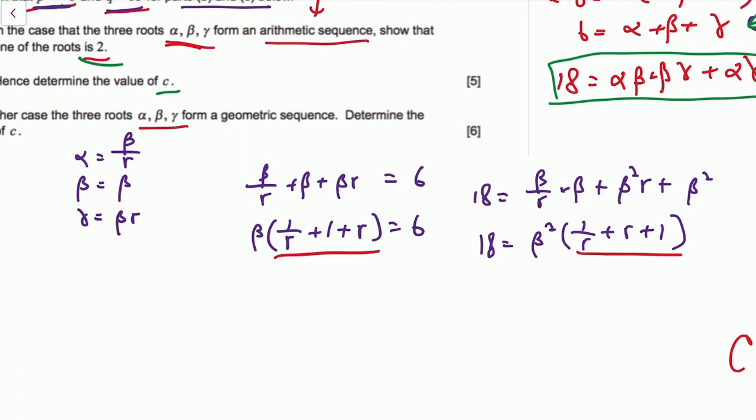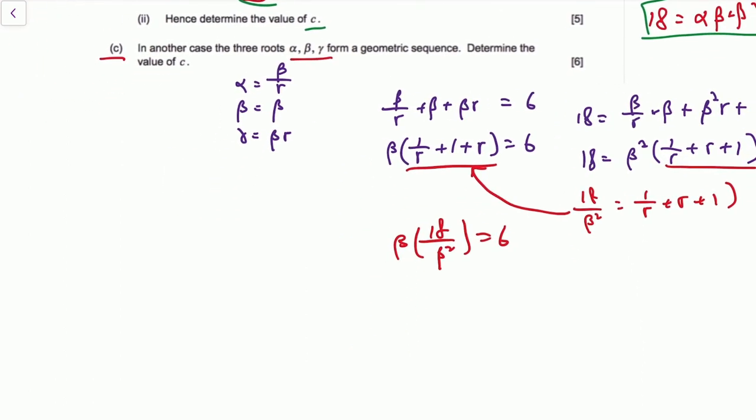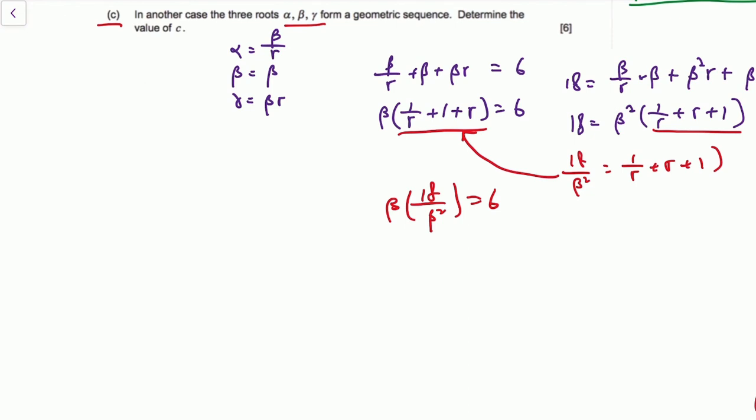So we'll probably take advantage of them, so 18 over beta squared is equal to that thing. So we can substitute this into here. So beta times 18 over beta squared is 6. And so, what? 18 over beta is 6. Beta is 3.